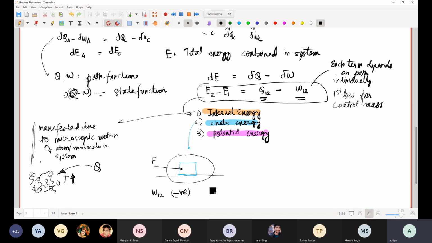So if you look over here, the right hand side is positive. Suppose there is no heat transfer. So RHS is minus W12, but W12 will be negative, so this quantity is essentially positive. So it will lead to a change in energy of the system, meaning this solid block will start moving with some velocity. So the kinetic energy is what? Half m v square. This velocity is the macroscopic velocity, the velocity of the block. This has nothing to do with the RMS velocity of the molecules. Okay.